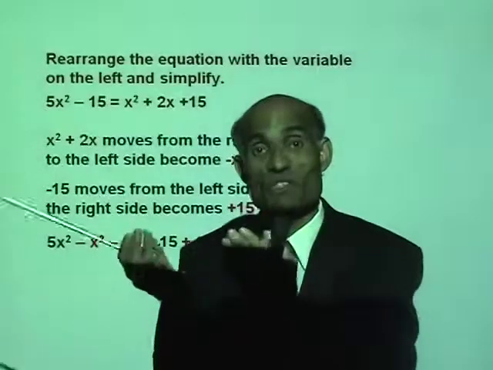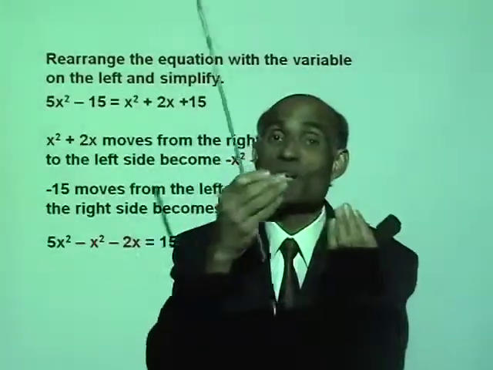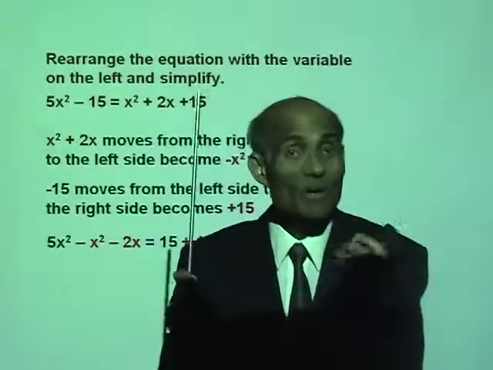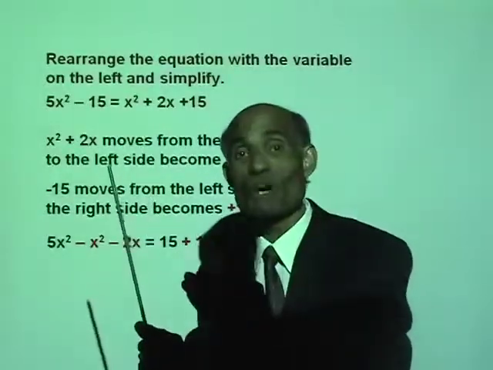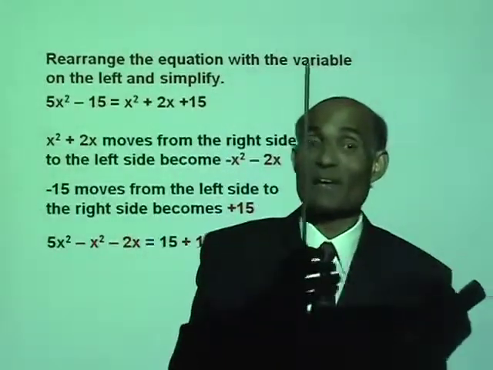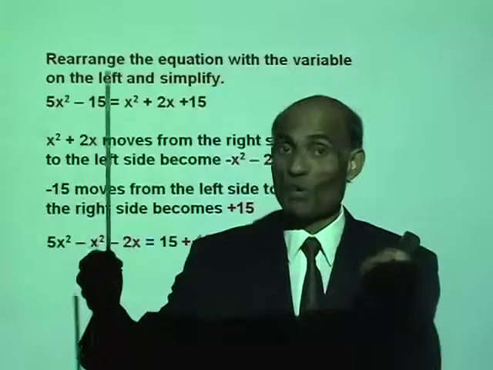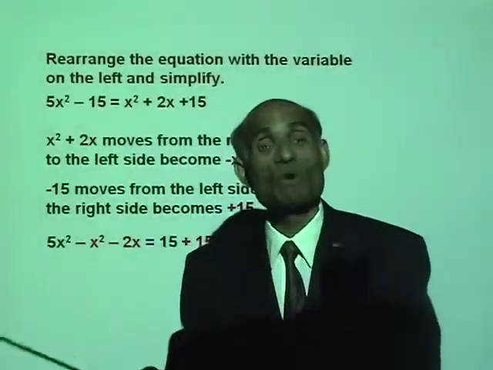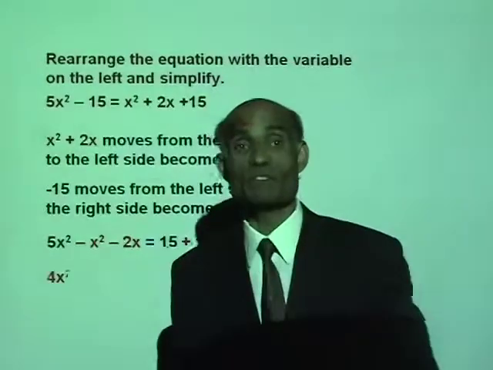Terms from one side can be moved to the other side by changing the sign. Remember, when you move a term from one side to the other, you must change its sign. A positive term when moved becomes negative. A negative term when moved becomes positive.